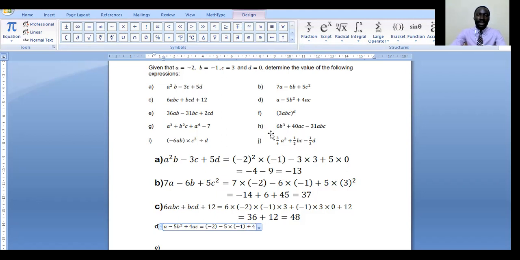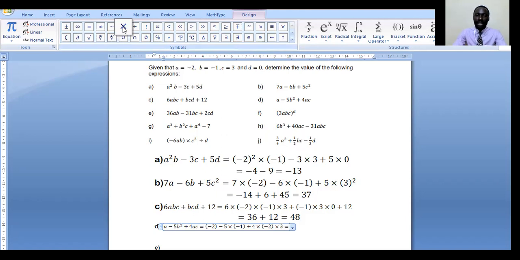So it's 4 times a, which is -2, that is 4 times -2, like that. The other thing you would like to include is the value of c, that is times c. And what's c? C is 3.